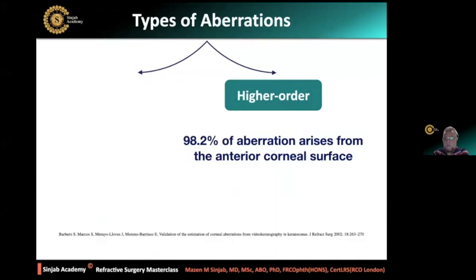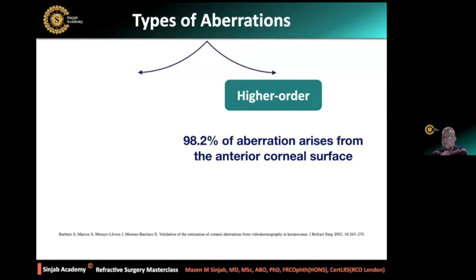Now, regarding the higher order aberrations, 98.2% of them arise from the anterior corneal surface. So the anterior corneal surface is the main source of higher order aberrations. The posterior corneal surface has an insignificant role in the normal eye, but this role becomes higher when the cornea is distorted, though of course not as much as the participation of the anterior corneal surface.